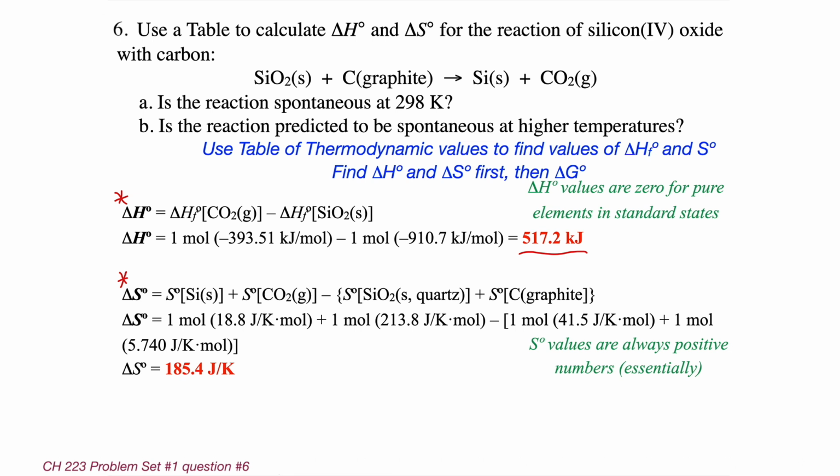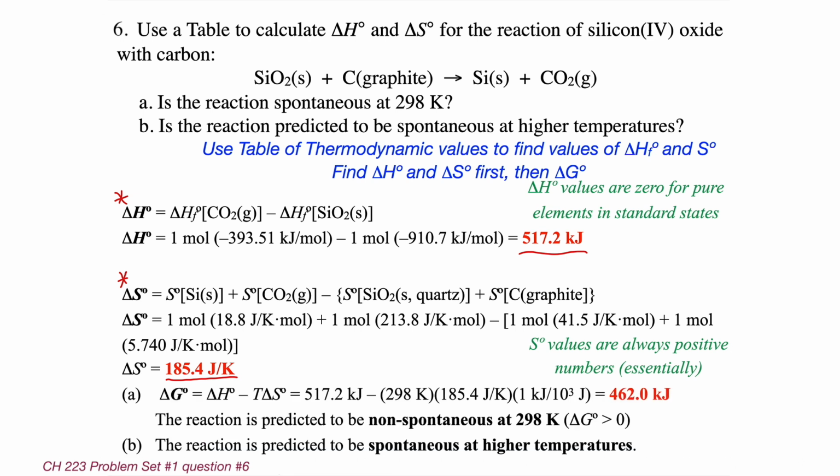So if you do that, you can see how the entropy of silicon and carbon dioxide minus the entropy of the SiO2 and carbon graphite, we end up with this number right here, positive 185.4 joules per Kelvin. So this reaction is entropy driven because it's a positive delta S. It is not enthalpy driven though, because the positive delta H means non-spontaneous. We want negative delta H's for spontaneity.